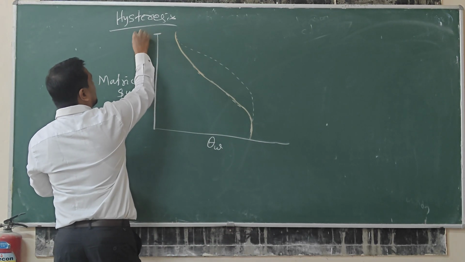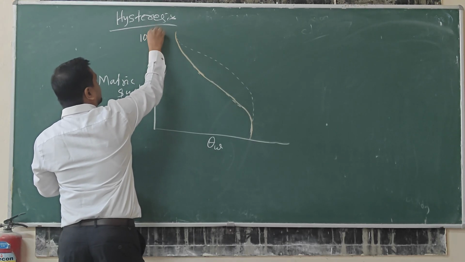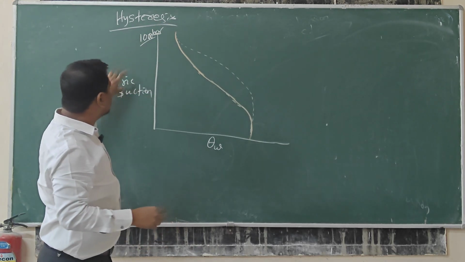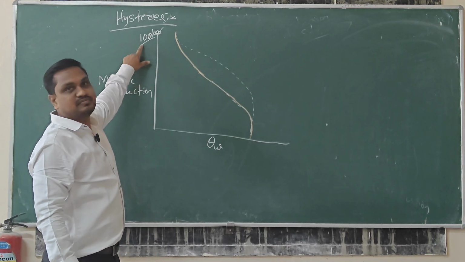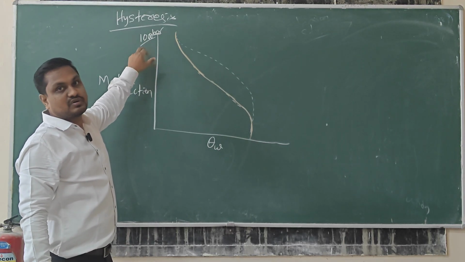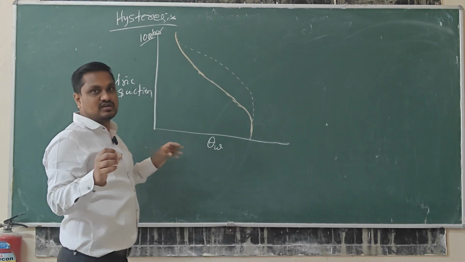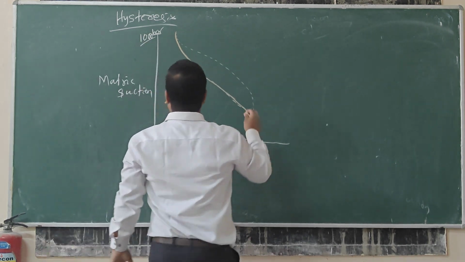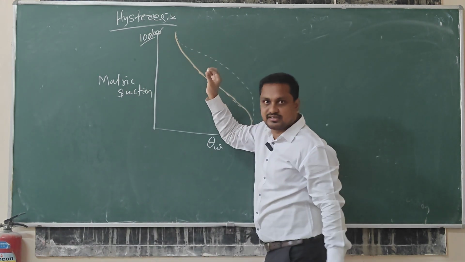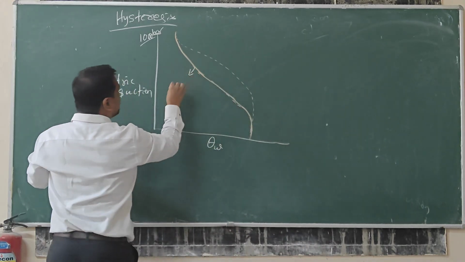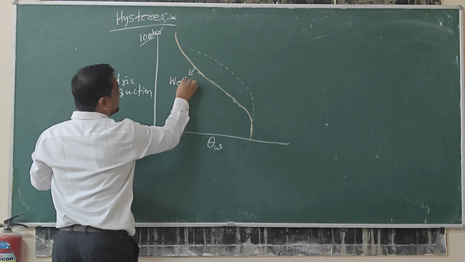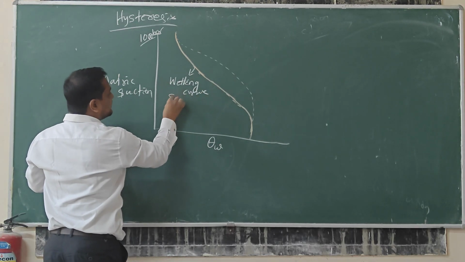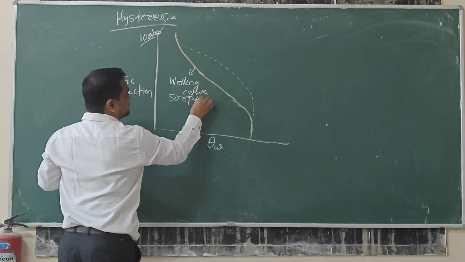This is oven dry, I am writing 1000 bars. In terms of matric suction, I am writing it as positive. If you write it in terms of soil matric potential value, then we will write it negative, very simple. And if you are wetting, this type of curve comes, we can say wetting curve, and also we can say it is absorption curve.